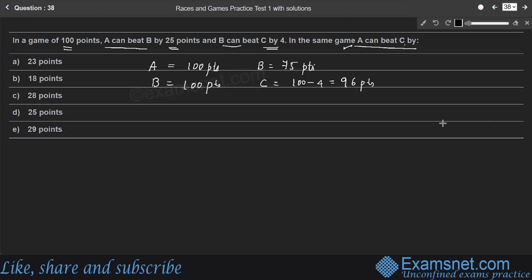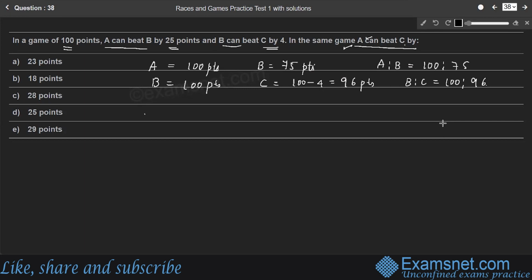Therefore, in the same 100 points game, A can beat C by how many points? For that, first let us consider A is to B. In the game of 100 points, A is to B is 100 is to 75, whereas B is to C ratio is 100 is to 96. So here A can beat C by.